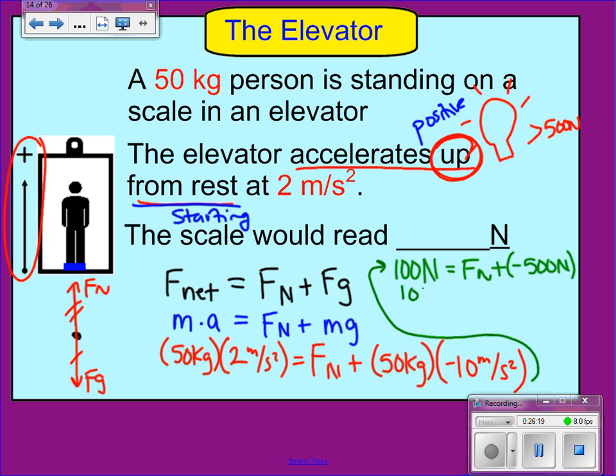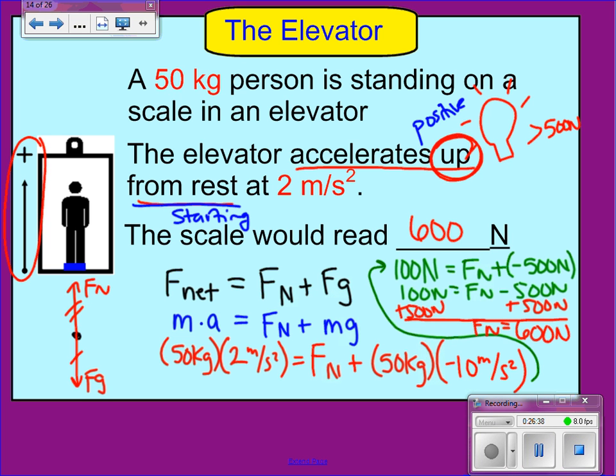And so that becomes 100 newtons equals force normal minus 500. Now I'm going to add 500 to both sides to end up getting that my force normal is equal to 600 newtons. And that makes sense because we already knew that we should weigh more than our actual weight. So when our force normal is greater than our force of gravity, we are feeling heavier.